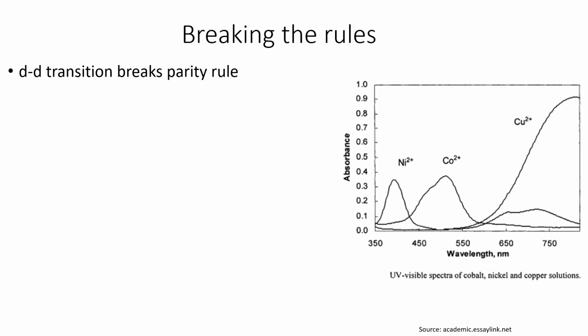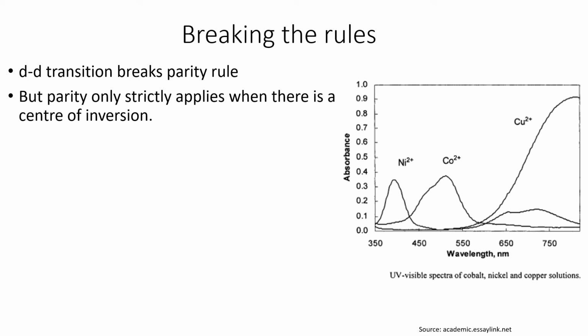And yet, despite that, we do observe colour in transition metals. And so this is a little bit troubling. How come we've got away with transitions when they break our parity rule? And this is because parity is only relevant if you're in a symmetry where there is such a thing as the I symmetry element, that centre of symmetry.